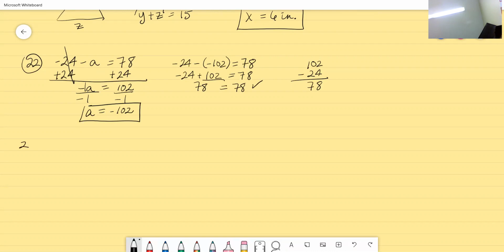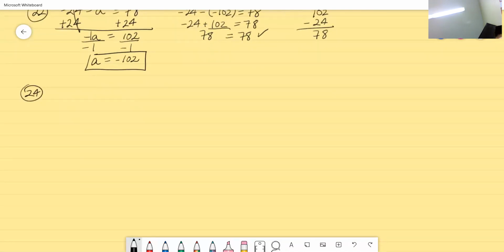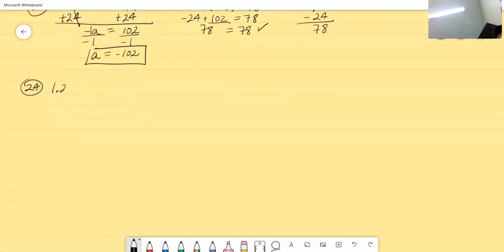Okay, so number 24. 24 gives us 1.2b minus 1.8 equals 47.4. So first we add the inverse of negative 1.8 to both sides.